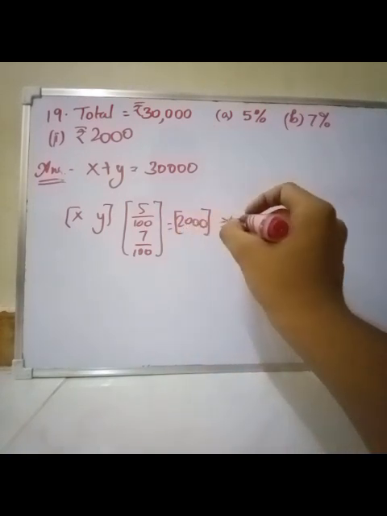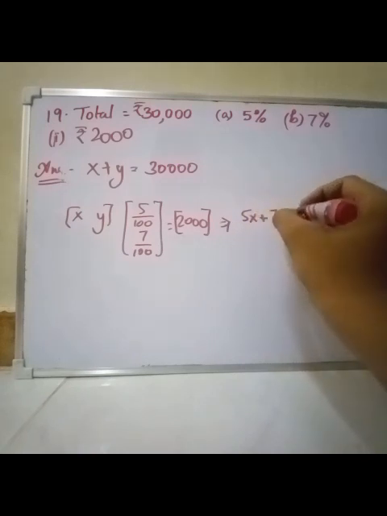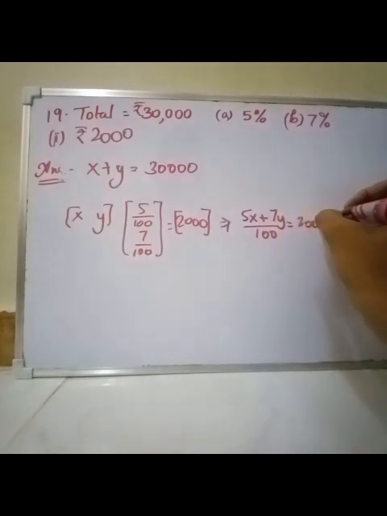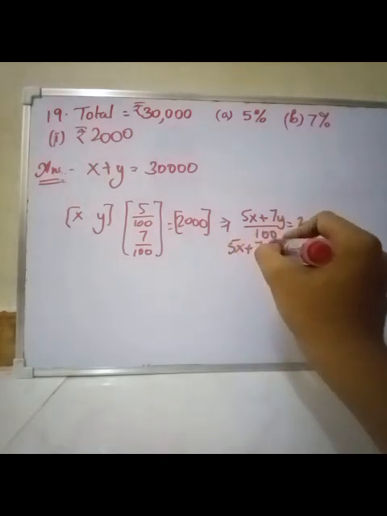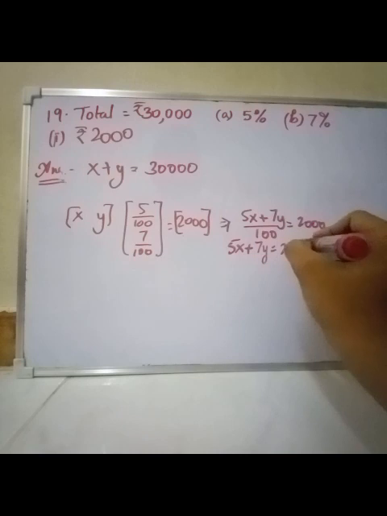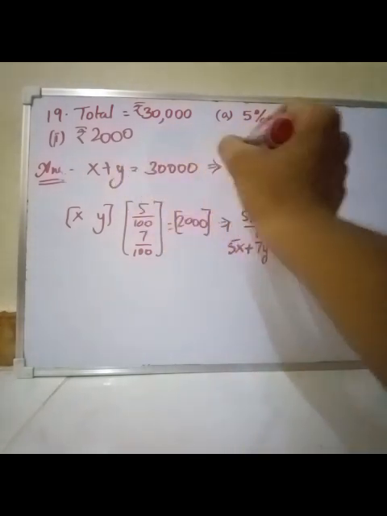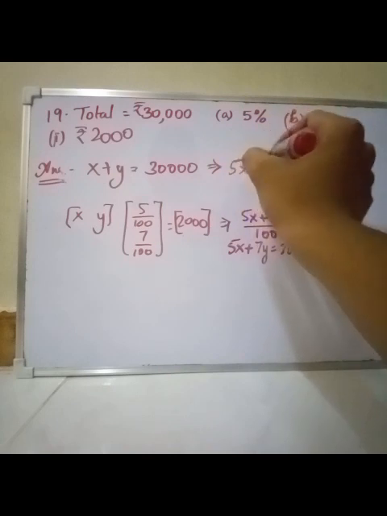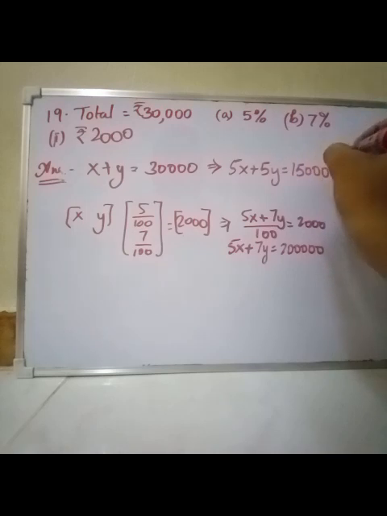So now when we solve this, we'll get 5x plus 7y by 100 is equal to 2,000. Now 5x plus 7y will be equal to 2 lakhs. Now this equation we can make it like 5x plus 5y is equal to 1.5 lakhs.